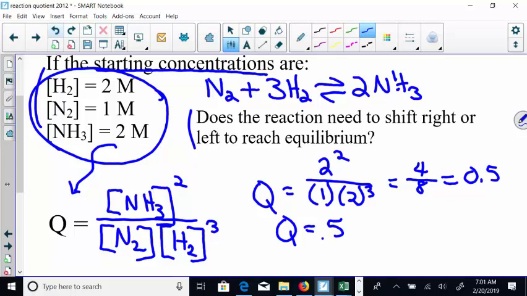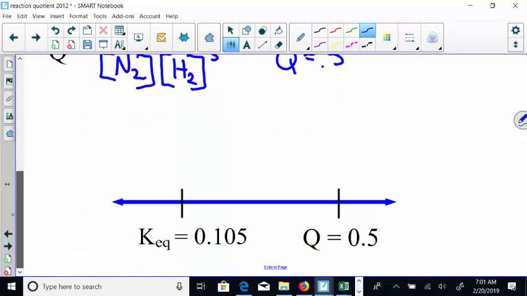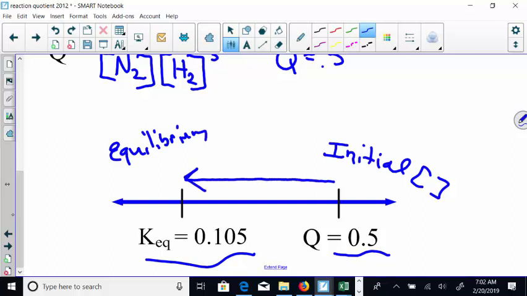So then what we want to do is look at what direction the reaction needs to shift to reach the equilibrium constant. And one way that I do this is to just throw this on a number line. So 0.5 is over here, and KEQ is over here. So for this reaction to go from the initial concentrations, and that's what this is, to get to equilibrium, which is what this is, it would have to shift this way, which means it would have to shift to the left.